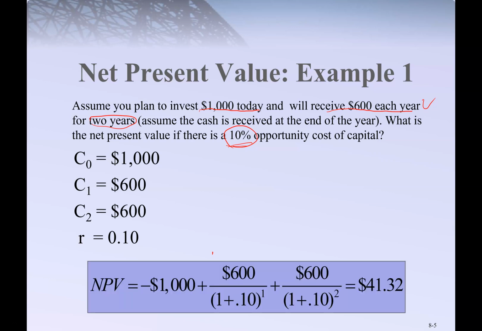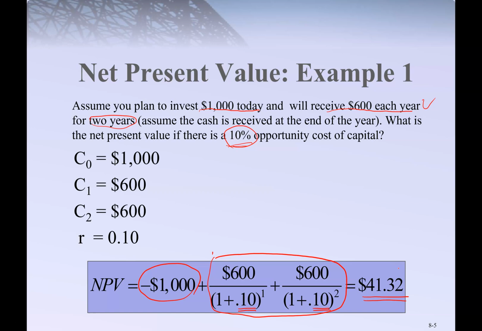The net present value of the project is, again, the difference between initial cost of the investment project and the present value of the future cash inflows generated by the project. And we use the opportunity cost of the capital as the discount rate. So in this case, when we calculate, the net present value is $41.32.